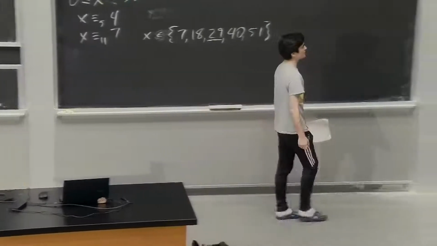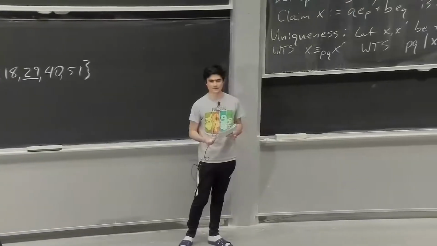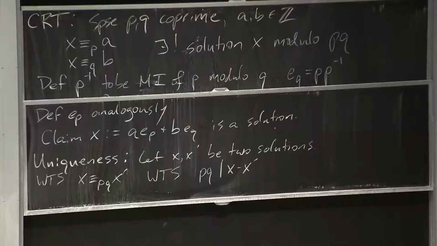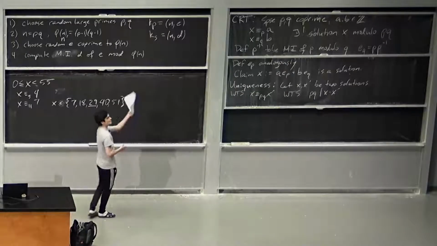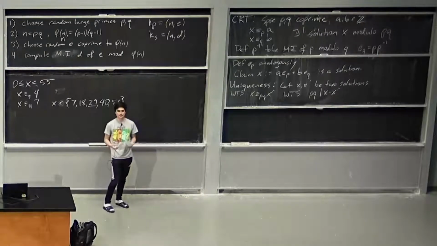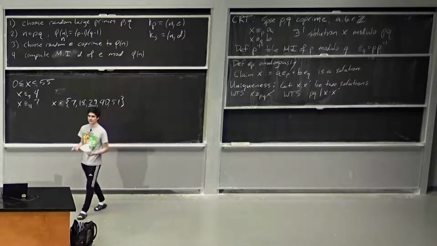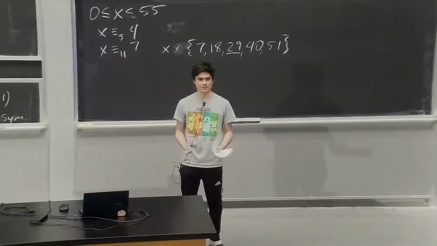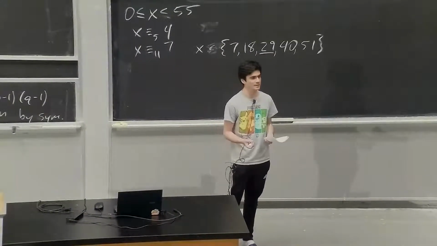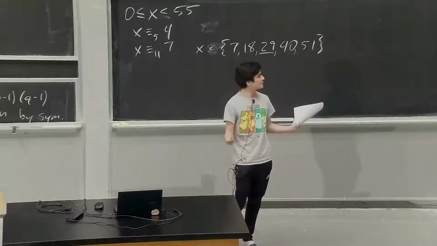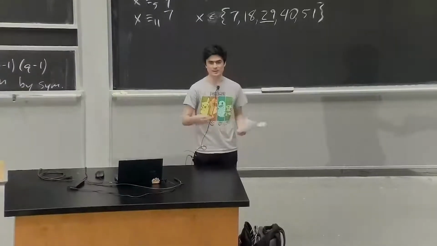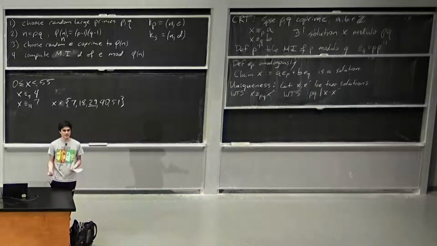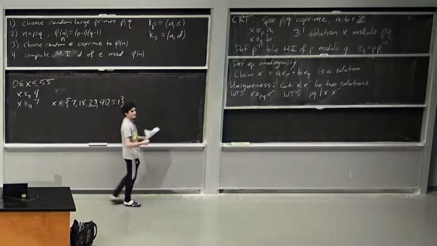So why does P divide the difference? Both of them satisfy the first congruence, so both are congruent to A modulo P. If you subtract them, you get 0, so P divides the difference. Because they both satisfy the second congruence, you subtract them and get B minus B, so Q divides the difference as well.